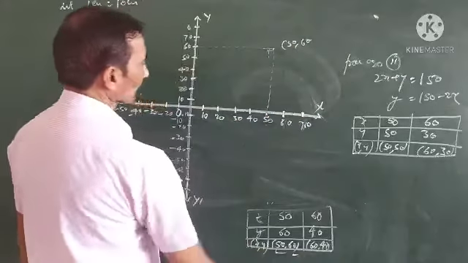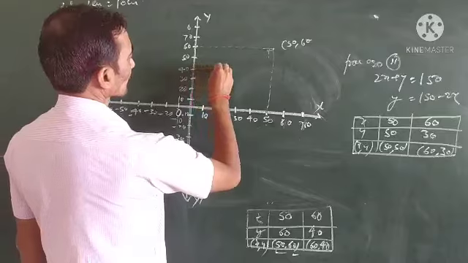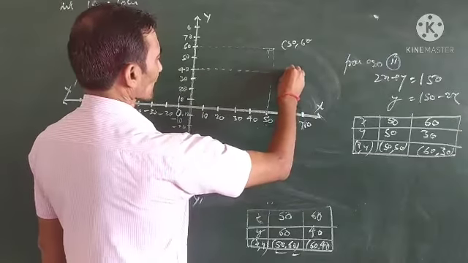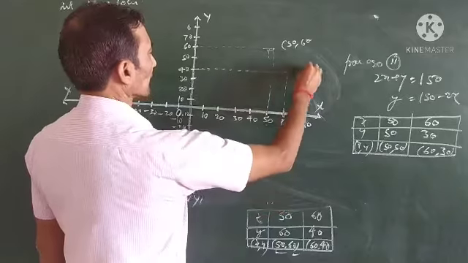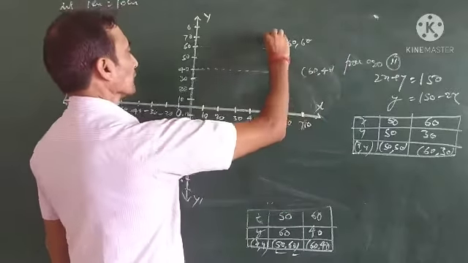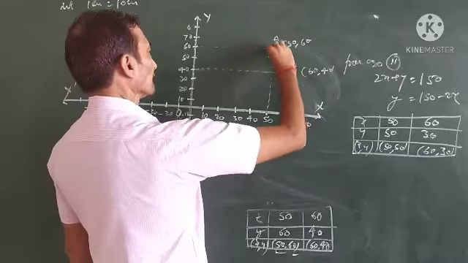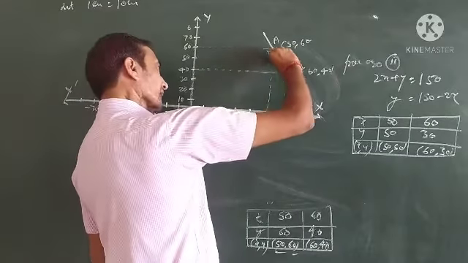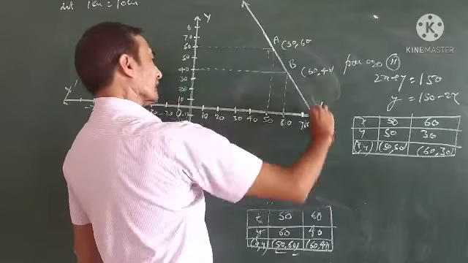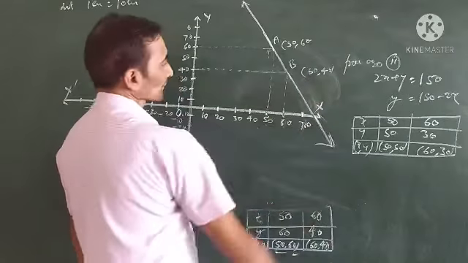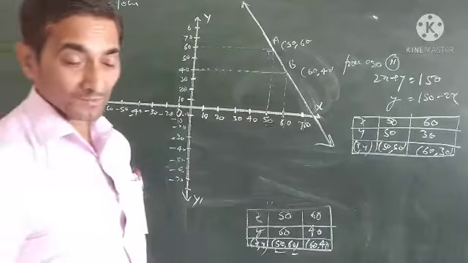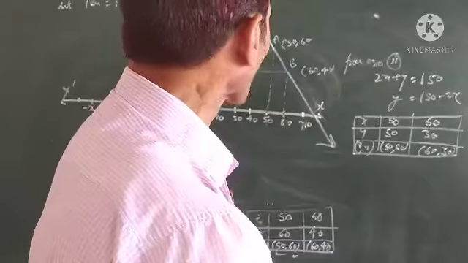Second is 60 and 40. Suppose that 60 and 40 is here, call the points A and B, join these 2 points and produce it. This is the first equation, the first condition of the question.